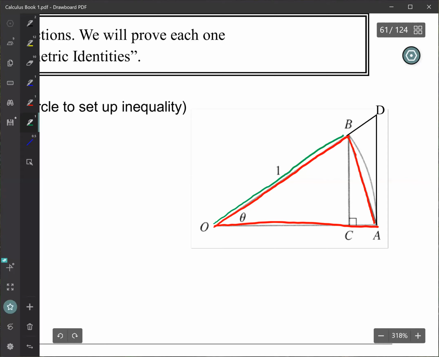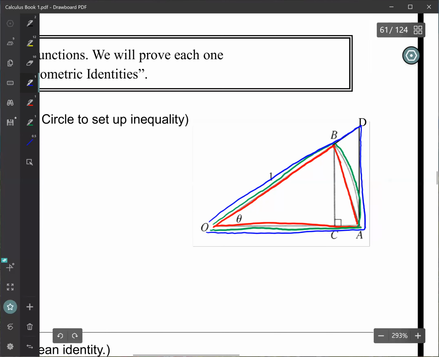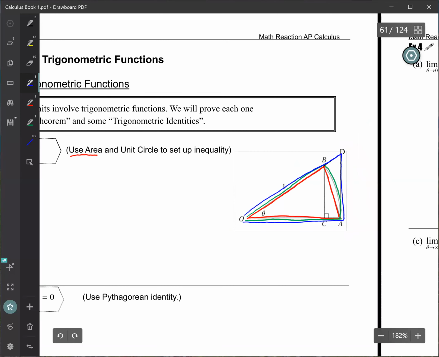I'm going to use the green one to represent the sector area. So sector OBA. And then the last one, I'm going to use the blue to represent ODA. So we get 3 triangles. I hope it's not too confusing here. With color, it can help us.